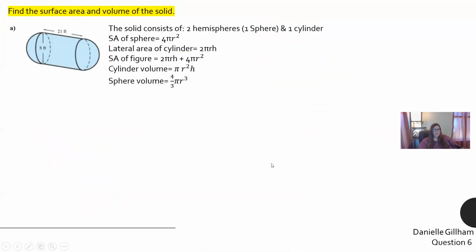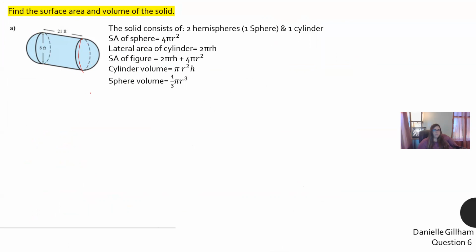All right, so now we have to find the surface area and volume of the solid. So I have surface area of a cylinder plus a surface area of a sphere, because right here you have half a sphere and then you have another half, and then you have a cylinder attached to it.